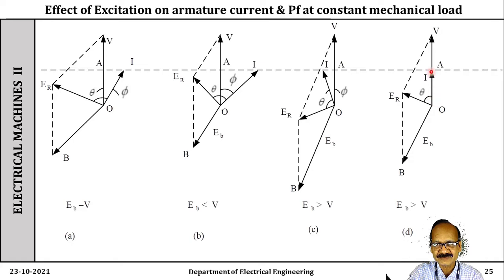Magnitude of the current is OA and minimum, and in this case EB is slightly greater than V.